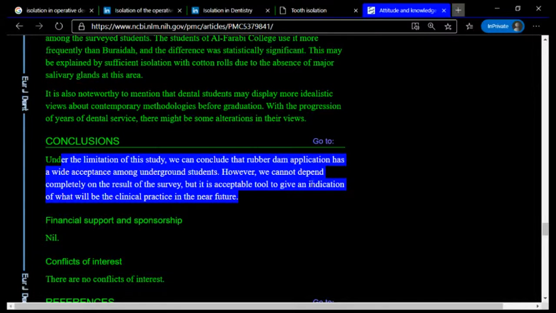However, we cannot depend completely on this result of the survey, but it is an acceptable tool to give an indication of what the clinical practice will be in the near future.